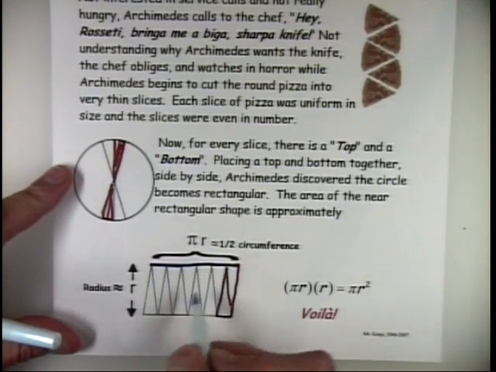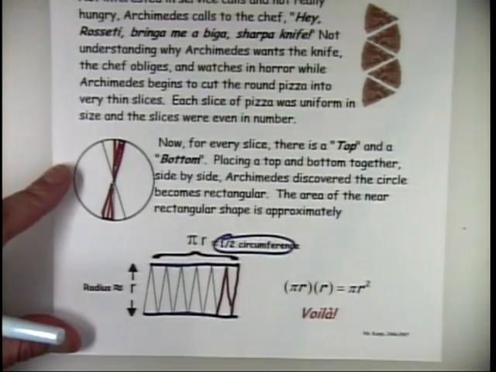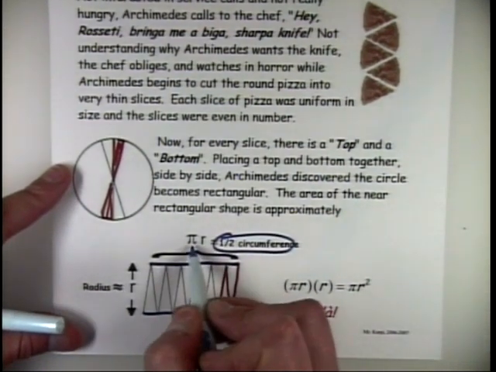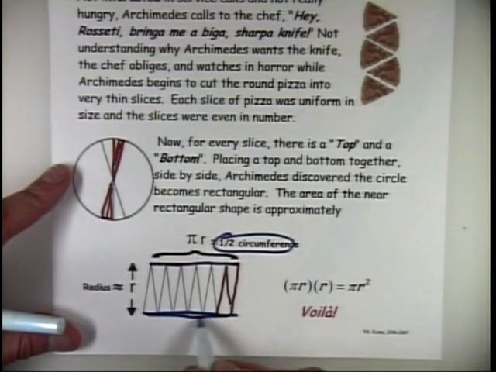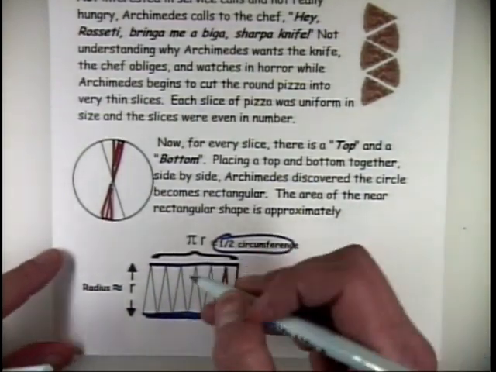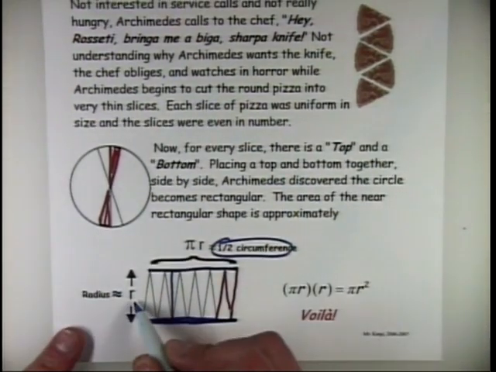So let's think what we have here. If we take half of them on top and half of them on the bottom, then each of those are going to be half the circumference. If the circumference is 2 times pi r, half the circumference is pi r. So that forms one of the dimensions of our rectangle. And what is the height? Well, the height of the rectangle is just the radius of the pizza, or the radius in general.